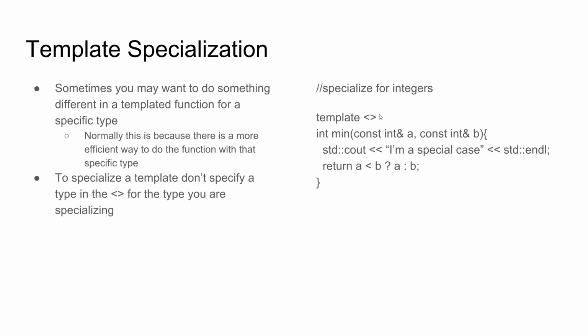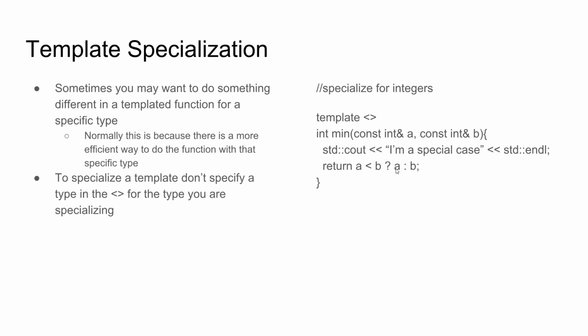I'm not actually going to be templated over a type, and then we make our types here. Instead of listing out Ts, we have the actual type that we're trying to do. So integers here. So if the user now ever tries to do the min of two integers, it's going to use this special min function for integers, which prints out I'm a special case, and then just like A less than B. If that's true, return A, otherwise B.